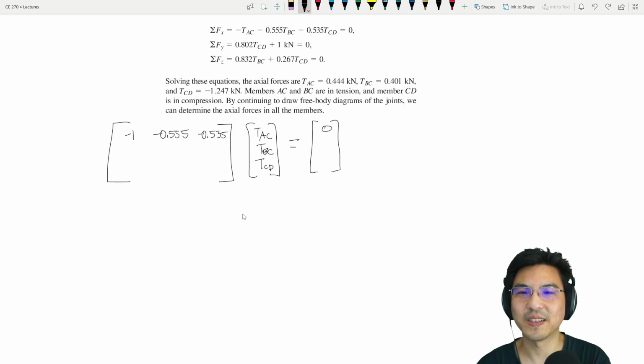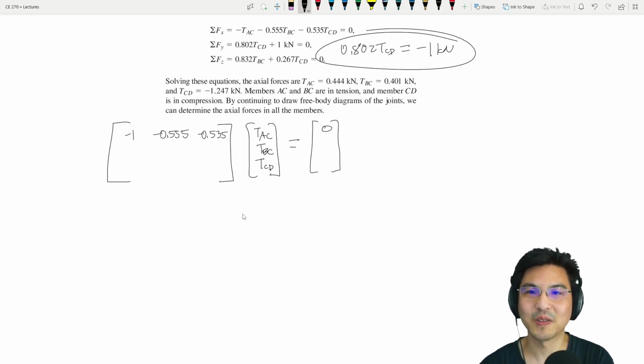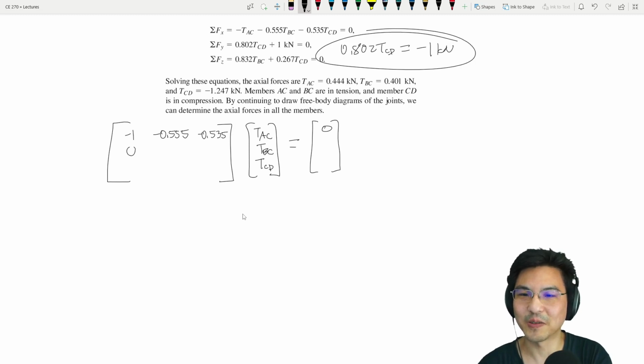Second equation is 0.802 TCD, and then let's move this to the other side of the equation, equals negative 1. So this equation, notice there's no TAC, there's no TBC, so 0 TAC plus 0 TBC plus 0.802 TCD equals negative 1.